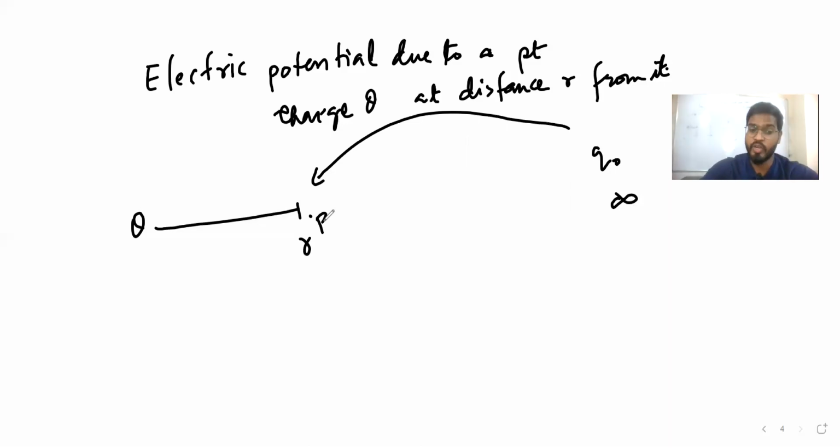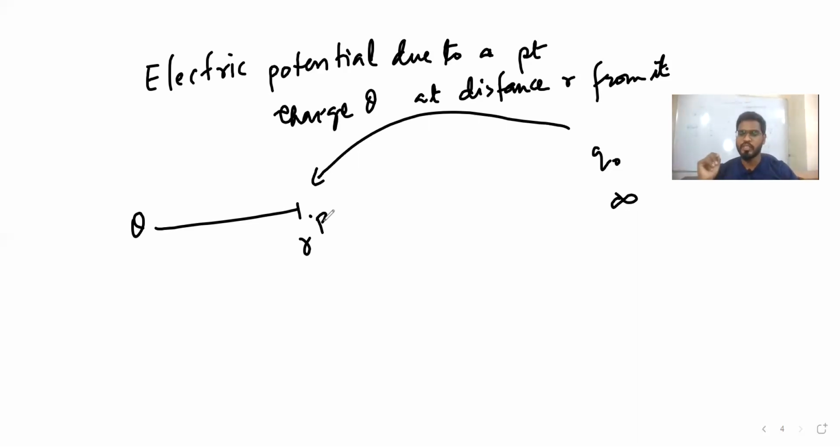We know potential is work done per unit charge. Now the problem is, we don't know how much force will act. When this charge Q naught comes to point P, there will be an electric force, of course in this direction.